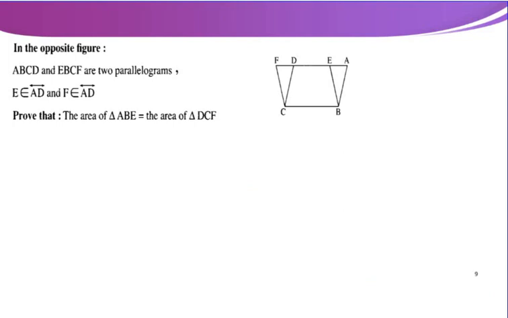Another one. In the opposite figure, ABCD and EBCF are two parallelograms. E belongs to the straight line AD and F belongs to the straight line AE. Prove that the area of triangle ABE equals the area of triangle DCF. As we see, we have two parallelograms ABCD and EBCF.